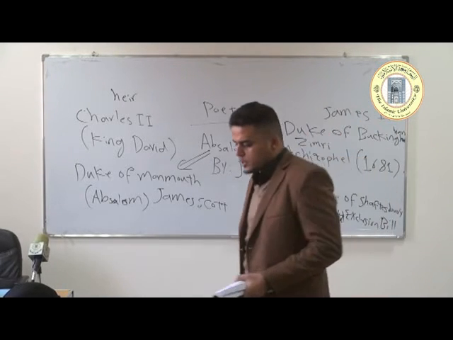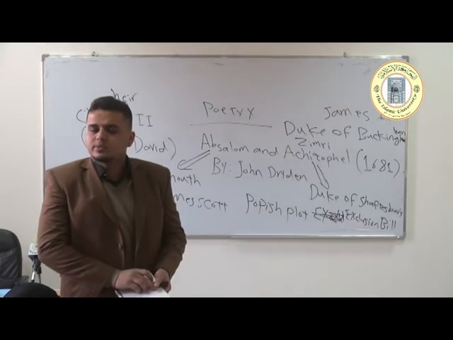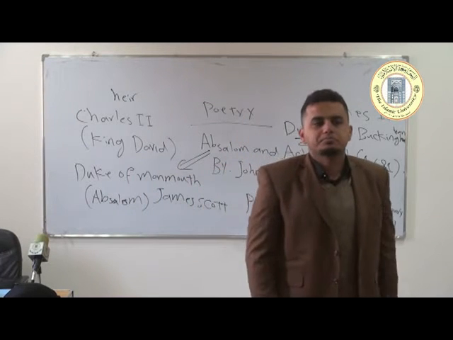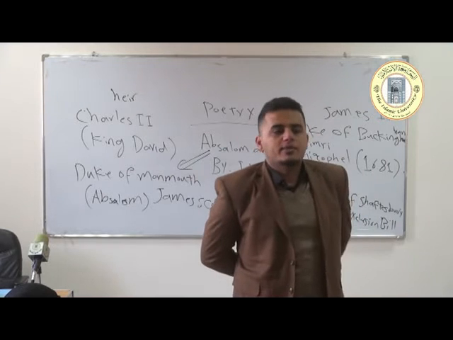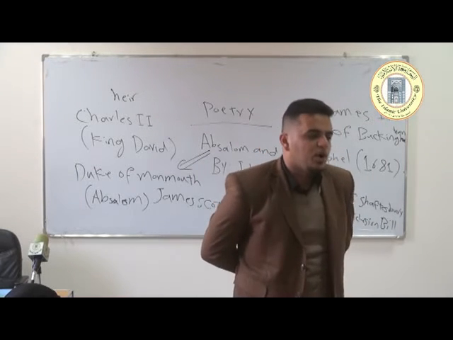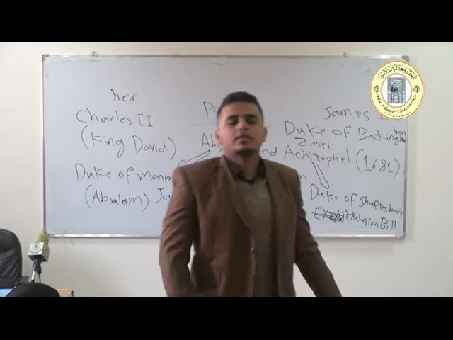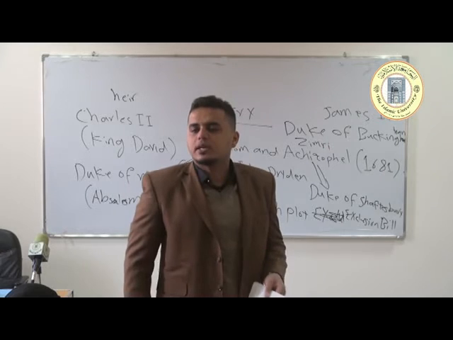What is meant by form and order? It means that the king is the person who chooses his heir, and since he chooses his heir, they must support this heir because he's chosen by the king. But they didn't support him. They didn't support James II.